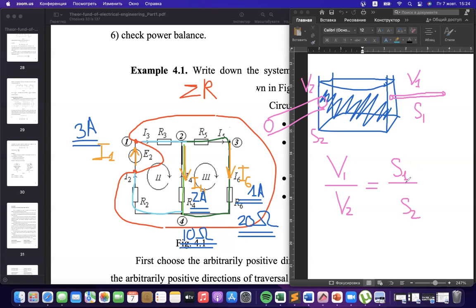Then the same situation is for resistors.